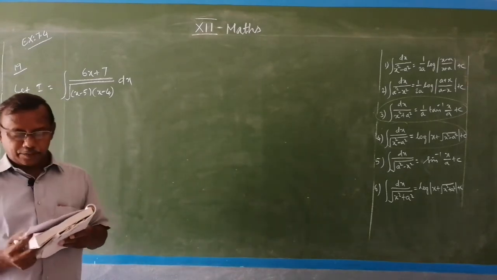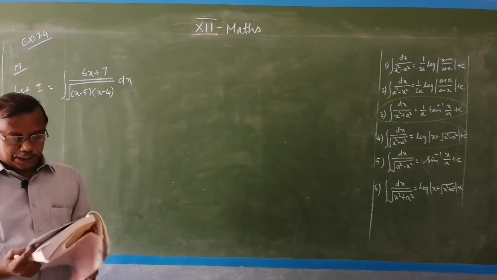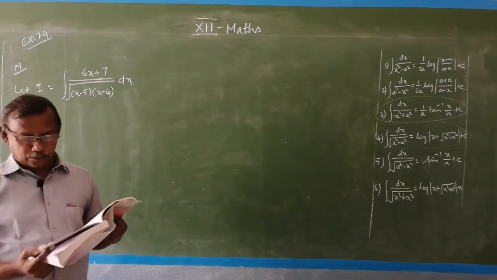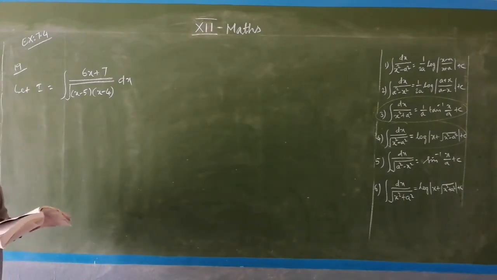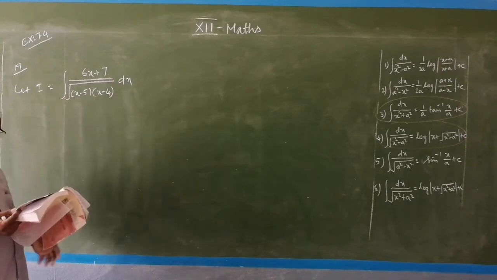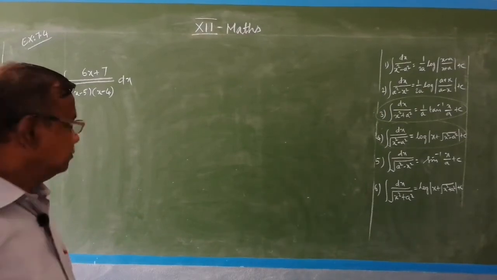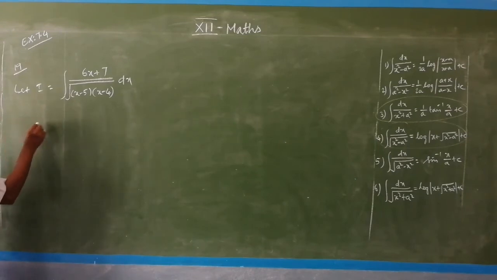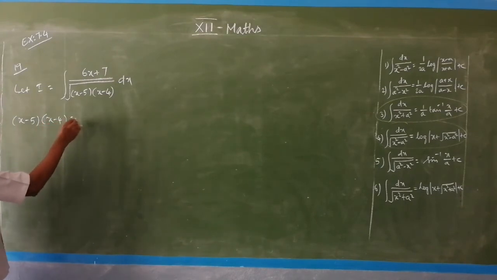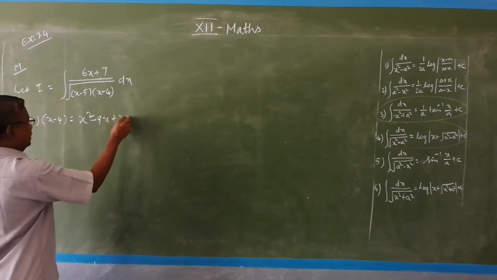For the evaluation of the integral of type px plus q dx divided by root of ax square plus bx plus c, we proceed as in 9 and transform the integral to the known standard form. So it is the same as the previous, that is 18, but here the only difference is we have a root. Here consider x minus 5 into x minus 4 equal to x square minus 9x plus 20.